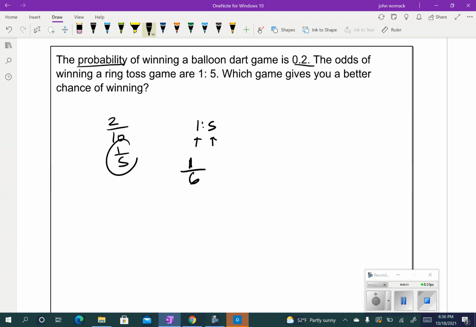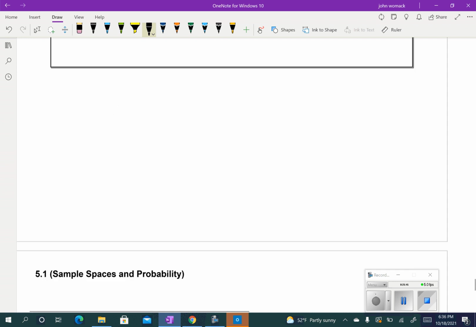So if you convert the odds over to probability, you just have to add those two together. That gives you the total number of outcomes. So I have a 1 in 5 chance of winning the balloon dart. I have a 1 in 6 chance of winning the ring toss. Which one gives you a better chance of winning? It would be the balloon dart right there. So you can convert odds over to probability when you're comparing those.